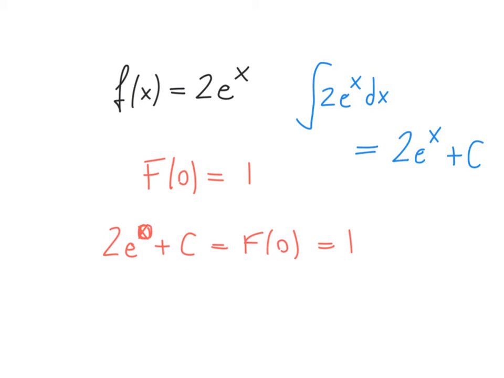In other words, c is equal to 1 minus 2, so it's minus 1. So here you see that it's not automatic that the value of c is equal to the value the function takes at 0. If you want to determine the value of c, you have to set up this equation and then solve it for c.